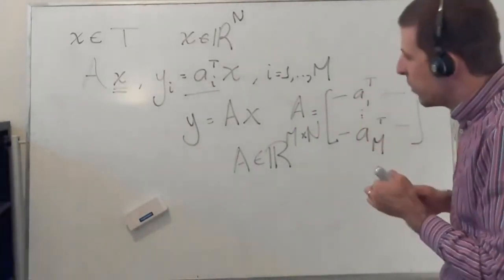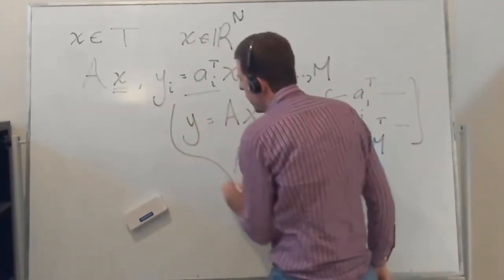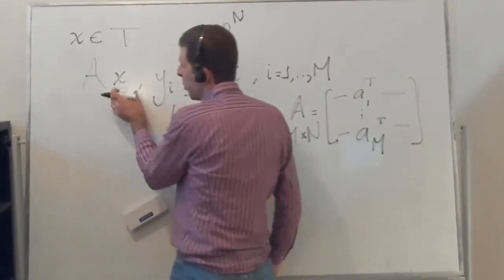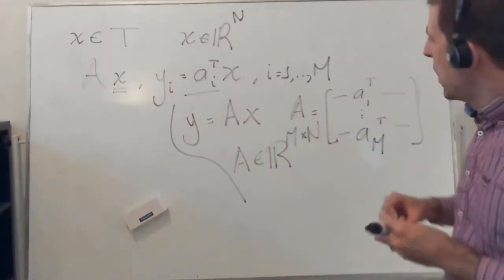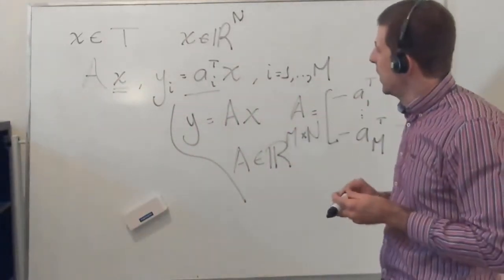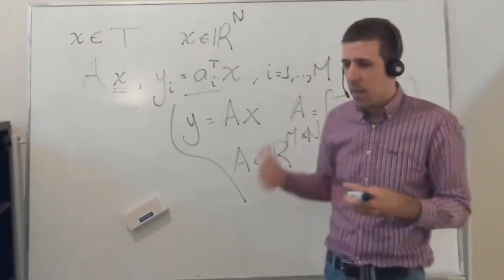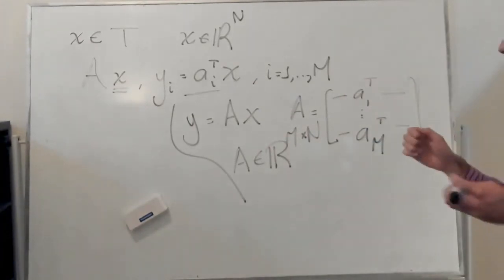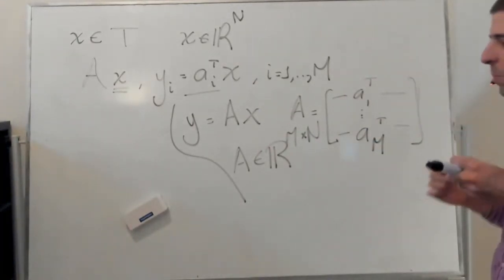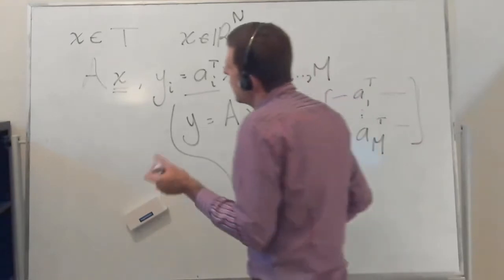Well, maybe we don't care so much about preserving the norm of the vector X's, but maybe we care about preserving distances between the vector X's. Because if I can do it with a lot fewer measurements, and still any two vectors in the set that I care about, T, if they're far away in ambient space, they're still far away after measurements, then this is a good sign.